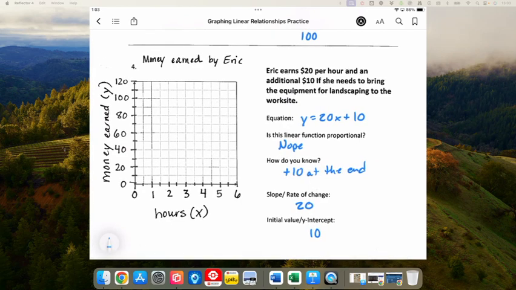And so in this case we are going to go 0, 10 because they make $10 for just bringing their stuff. 1 goes with 30, 2 goes with 50, 3 goes with 70, 4 with 90, 5 with 110. And so again, not proportional, but linear. It does have a constant rate of change, and it travels in a straight line, but it does not pass through the origin, so it is not proportional.